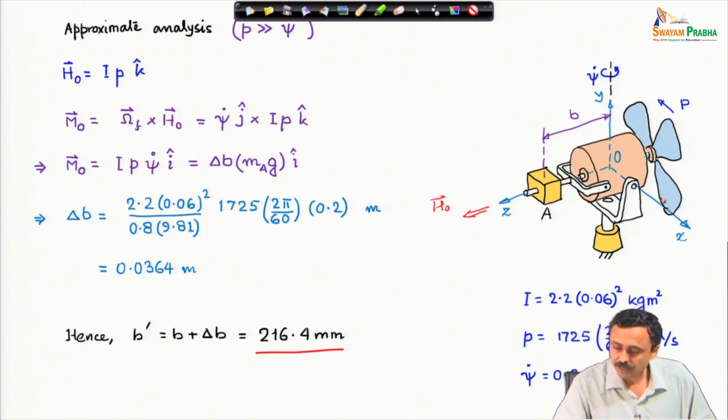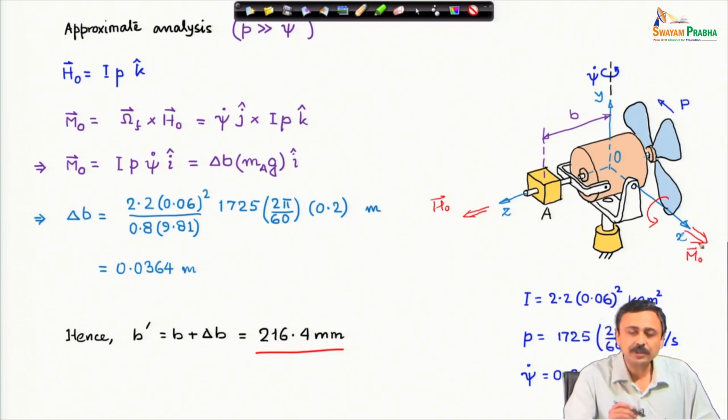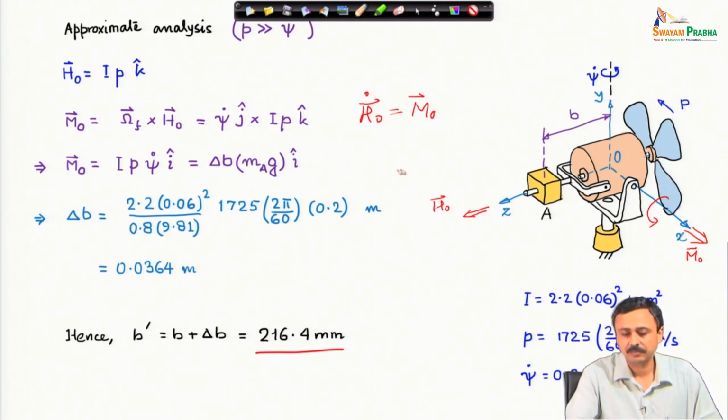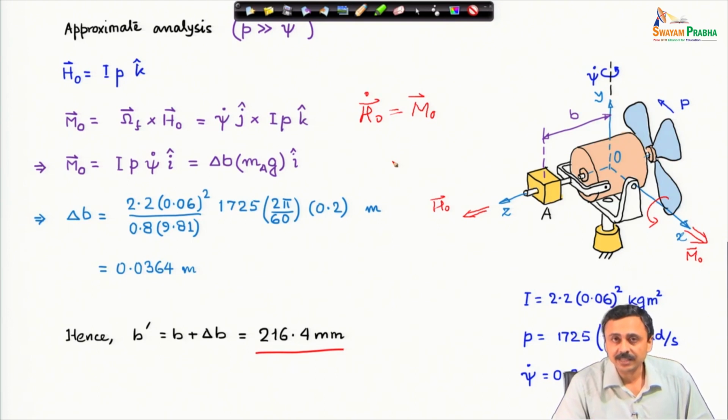If I produce a moment which is along the positive x, something like a moment vector which I am producing, then as per our equation of motion, h naught dot is equal to the net moment about O, which tells me that the change in the angular momentum about O occurs in the direction of the applied moment.